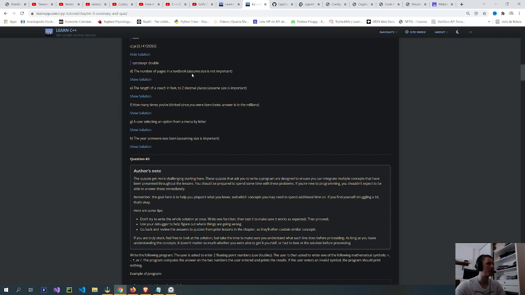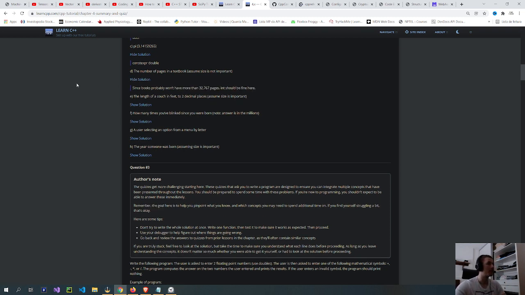The number of pages in the textbook, where size is not important. It's gonna be int if size is not important. Otherwise, it could be either depending on the book. Either uint8 or uint16. Once I have more than 38 pages, int should be fine here.